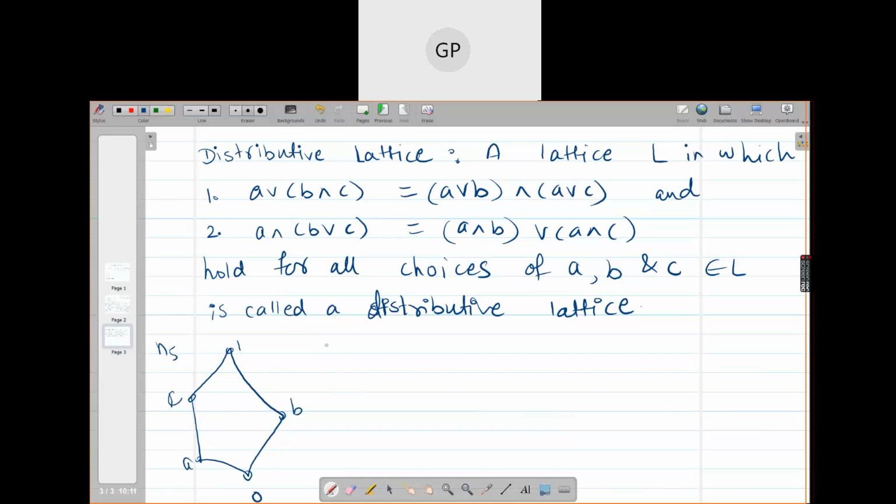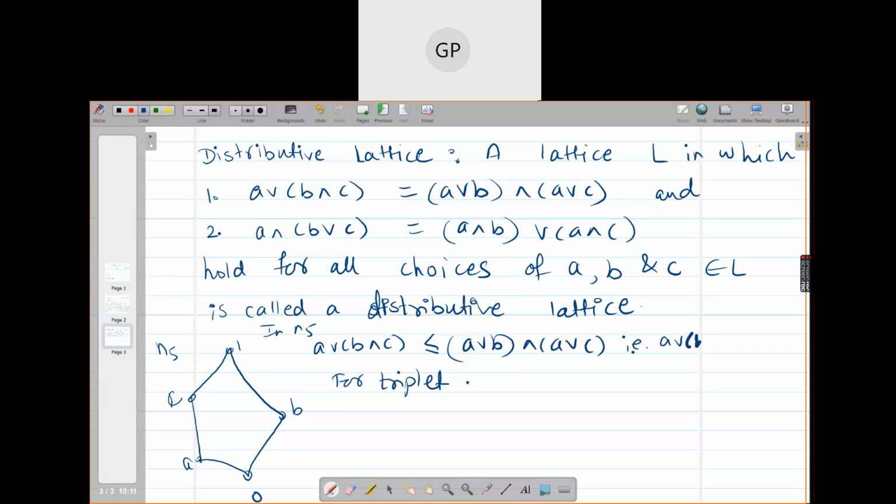Now here we saw that A join B meet C is less equal A join B meet A join C. Now I'm changing the order of the triplet. In N5, A join B meet C is not equal to A join B meet A join C.